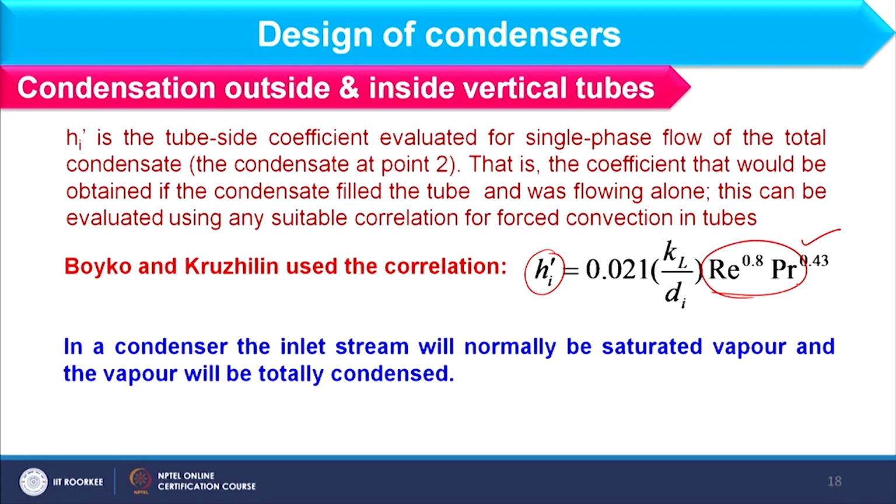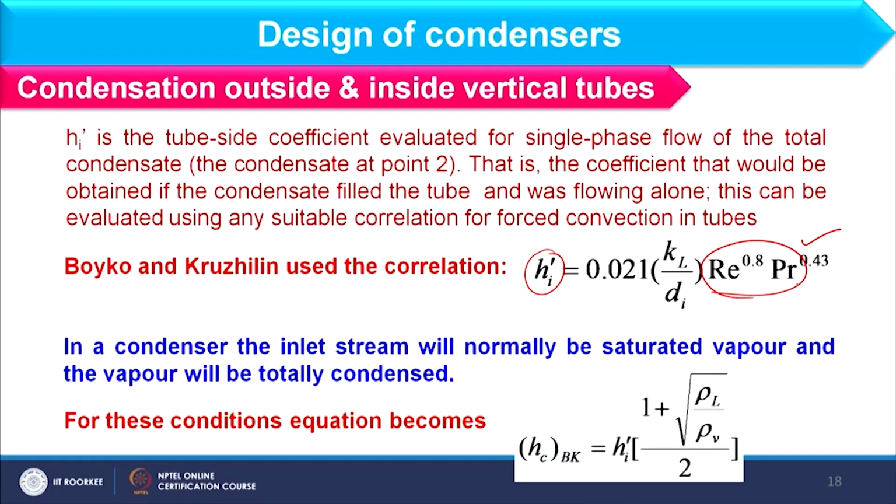And when I am considering that saturated vapor is entering and complete condensation is occurring at the end of the exchanger, we find that the J value can be represented simply by this expression, okay. This is the J1 and J2 expression, and h_i dash you can compute using this equation, right.